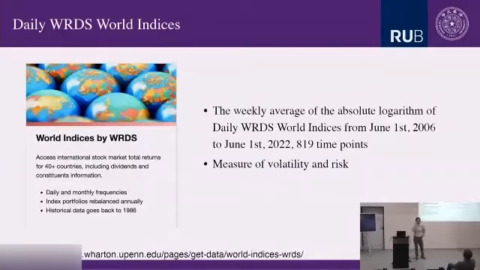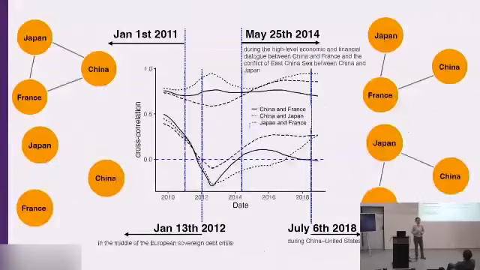So the network between these indices is also a measure of the systematic risk. If every country is highly correlated to each other, then there's a risk it will transfer very quickly in the network.